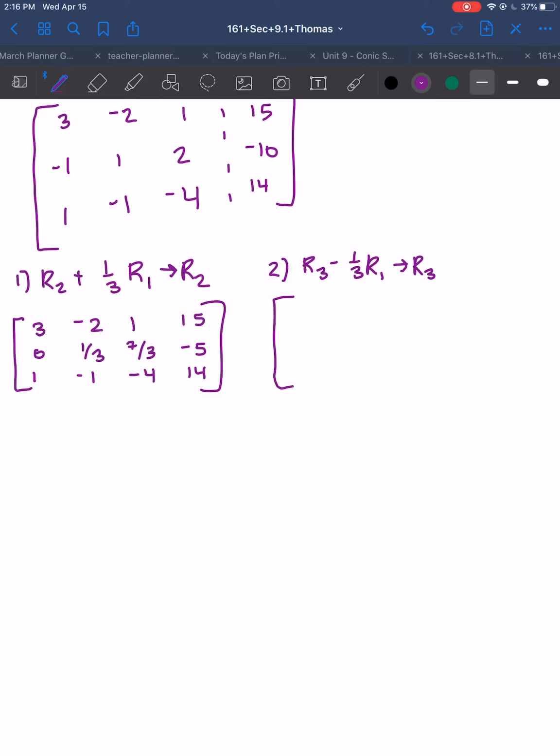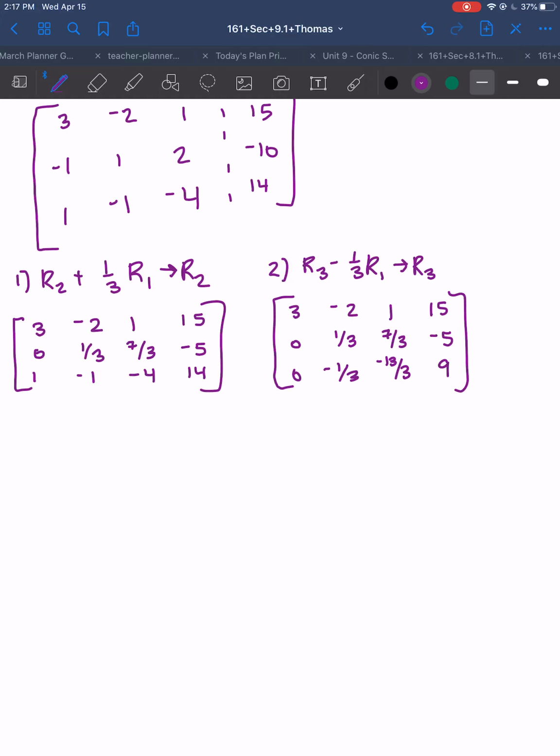So once again, the top doesn't change. 3, -2, 1, 15, and then 0, 1/3, 7/3, -5, and then this will become -1/3, this will become -13/3, 15/3, 13/3. Can't read my own handwriting, guys.